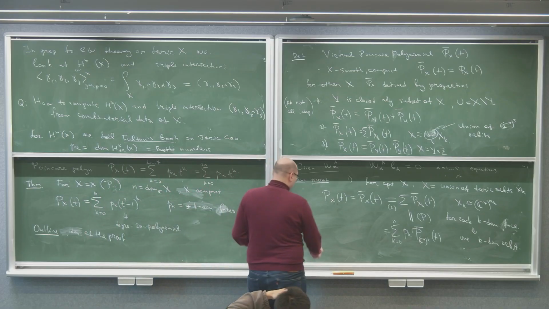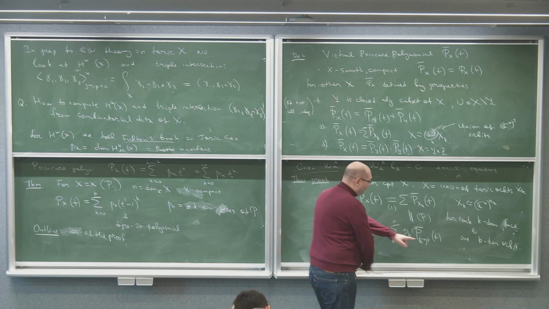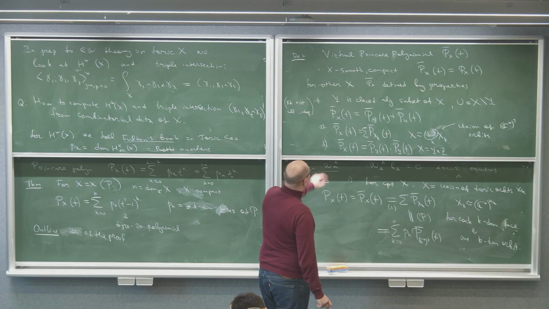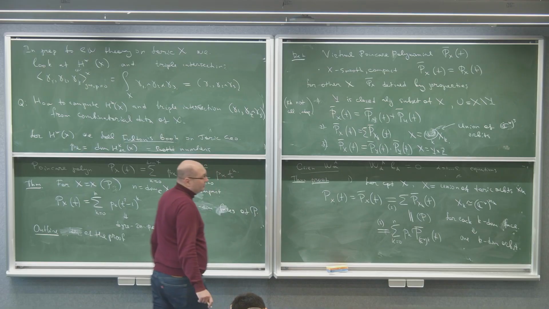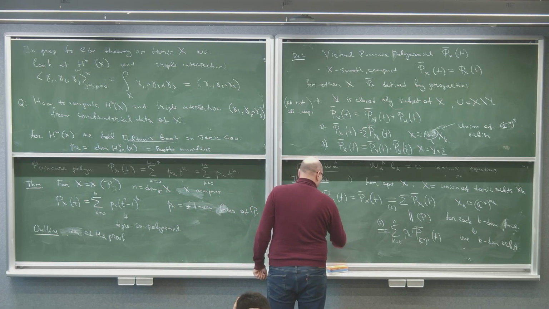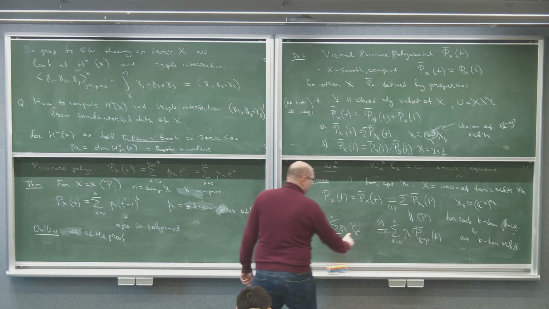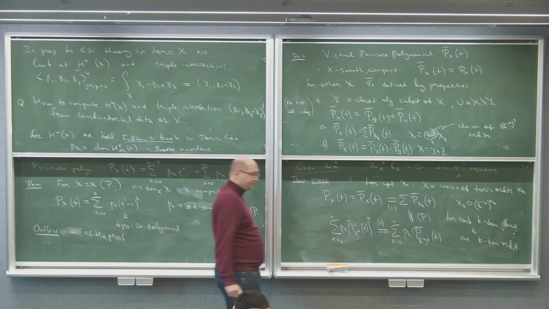So now what we are left to do is to compute this P of C star to the power k, and here once again I can use property 3. Because it is a Cartesian product of k copies, therefore here will be a summation k equal to 0 to n of pk, and here will be the virtual Poincare polynomial for just the one-dimensional orbit raised to the power k.